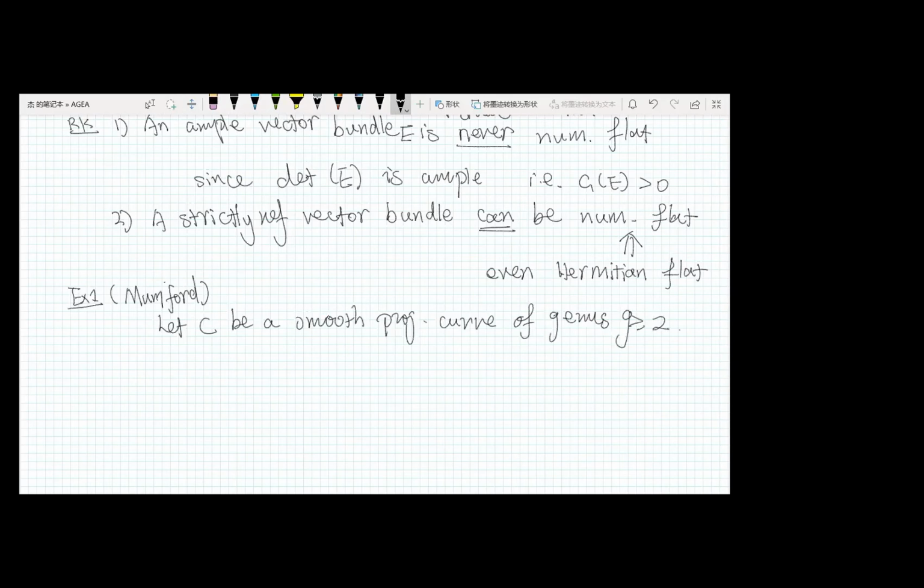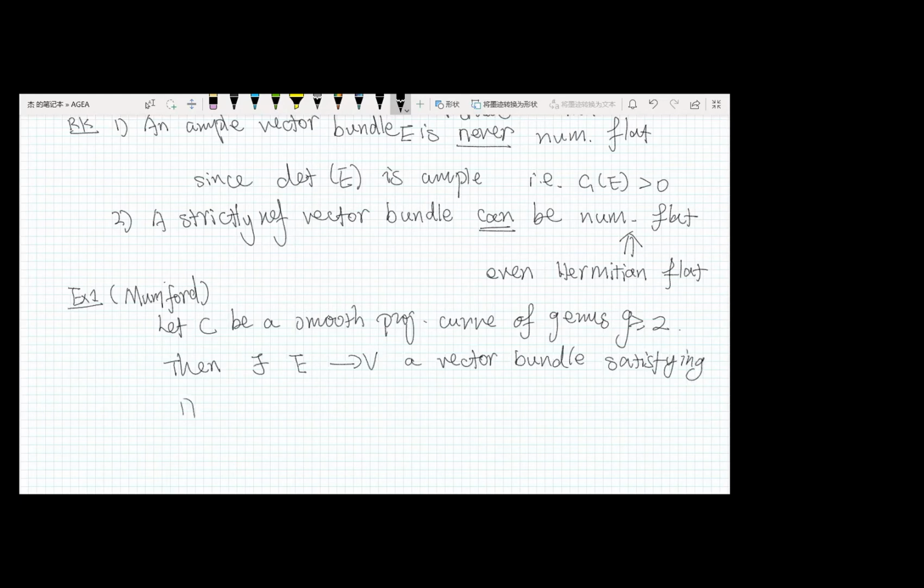In this case, you can find a vector bundle E over C satisfying the following property.